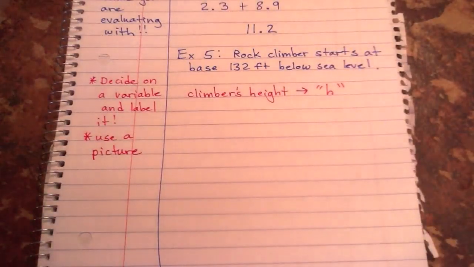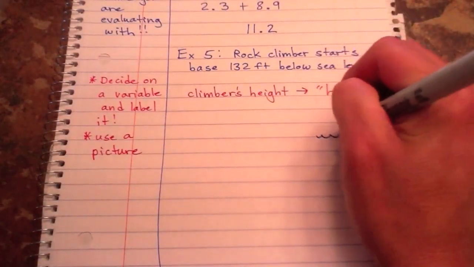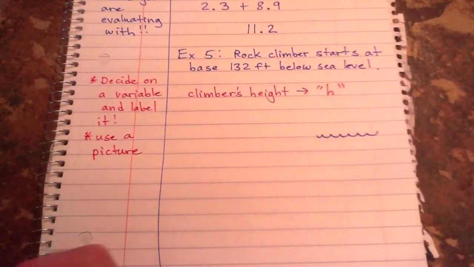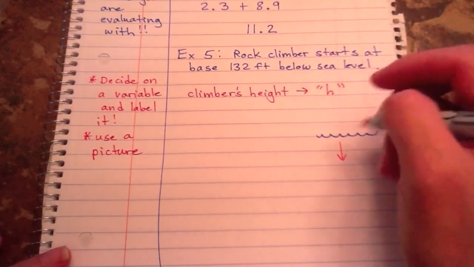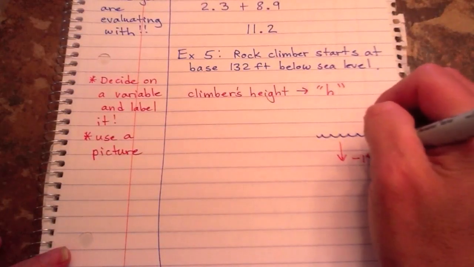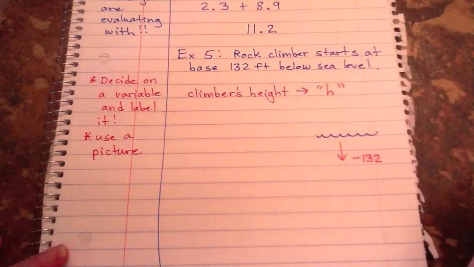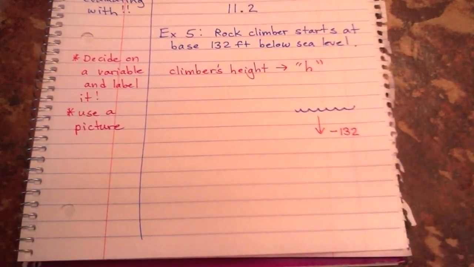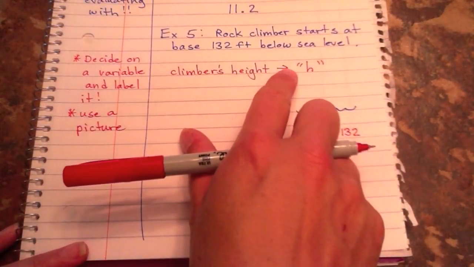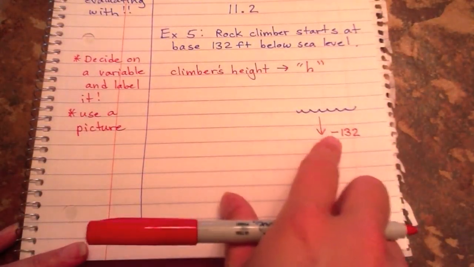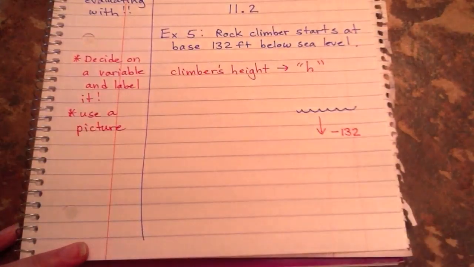And if I was to draw my picture, here's sea level. I'm thinking about that, and the climber is below sea level by 132. So it represents a negative 132. Couple ways that you could come up with this expression, but what I'm going to be thinking about is the climber's height, how much they've climbed, H, adding the negative 132.